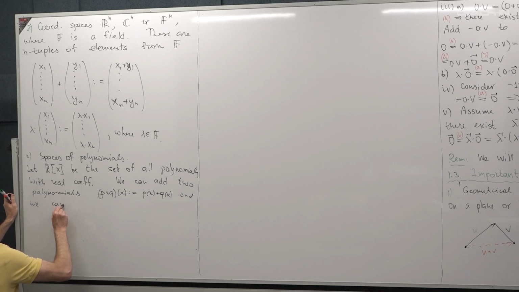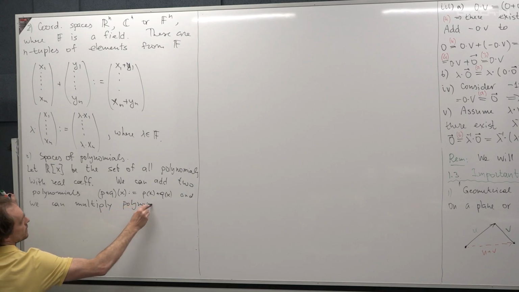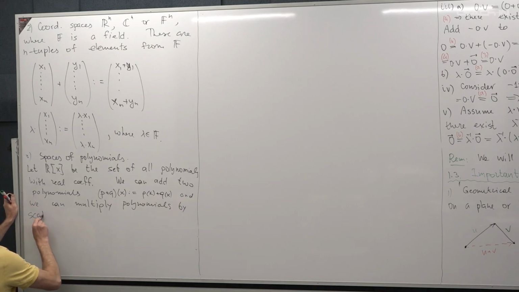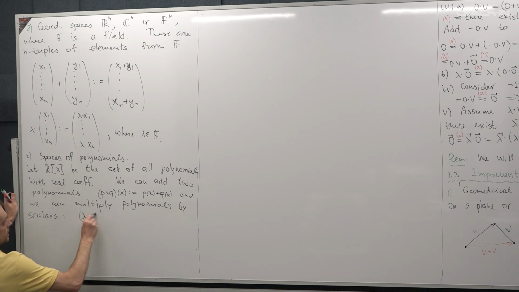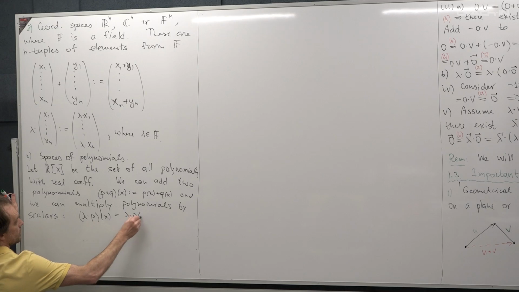And we can multiply polynomials by scalars. So lambda multiplied by p, what is the polynomial lambda multiplied by p? So this is such a polynomial that its value at the point x is lambda multiplied by p of x, right?